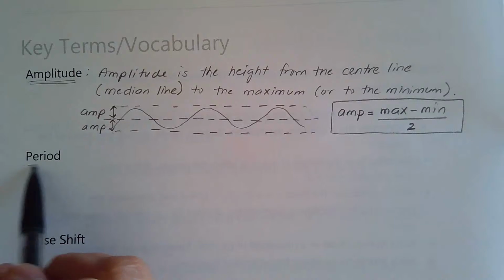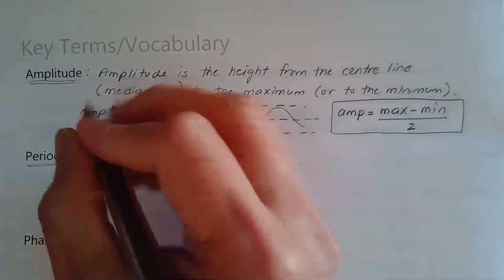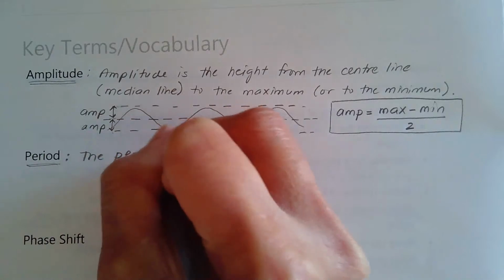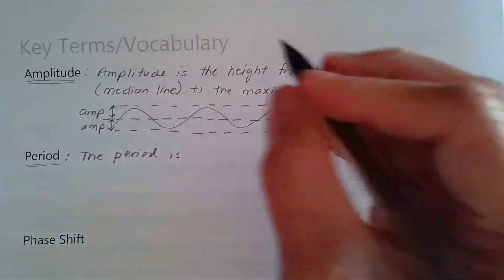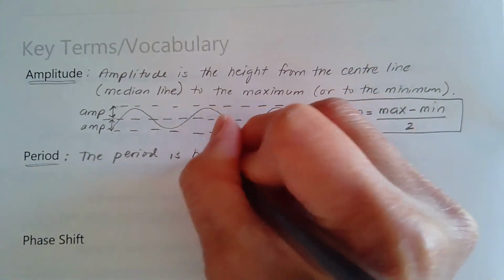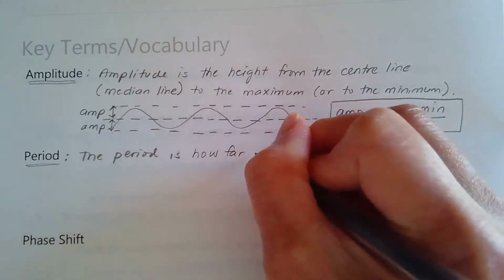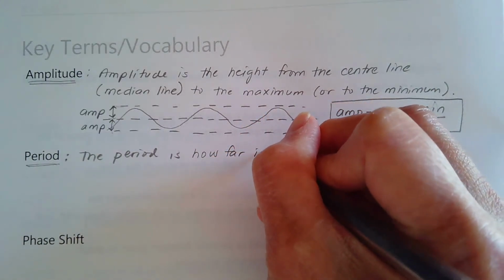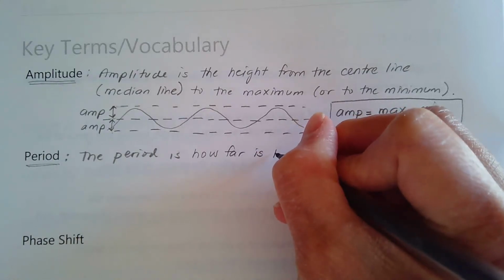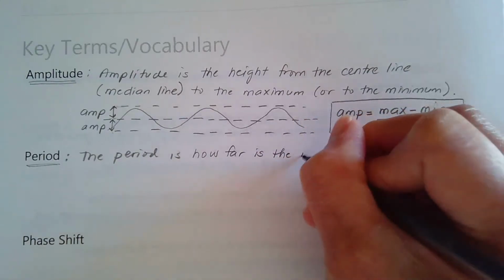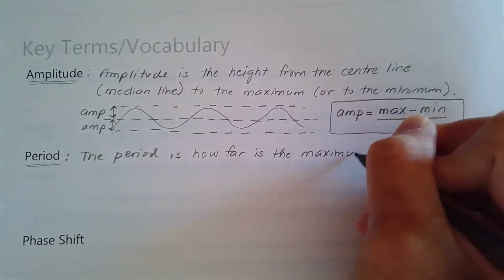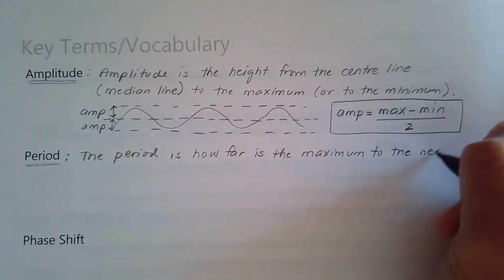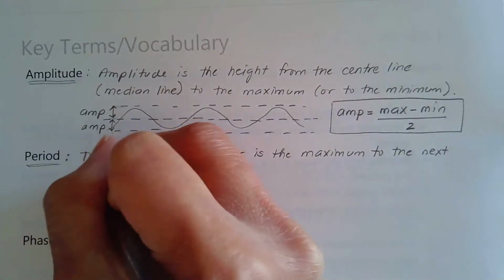Now let's talk about period. What is a period? The period is how far the maximum is to the next maximum.